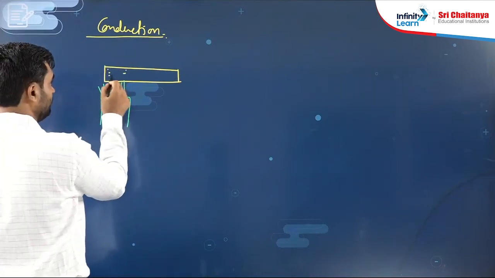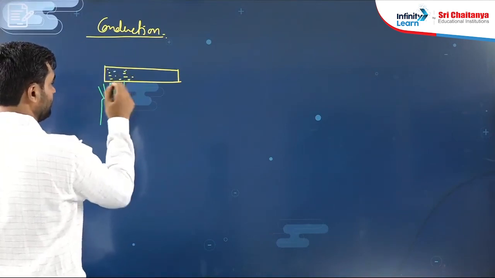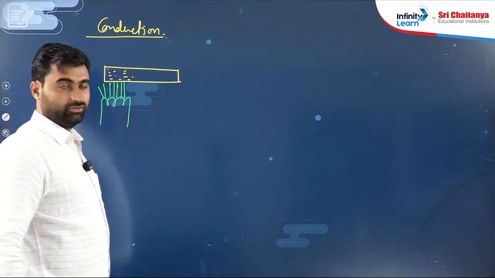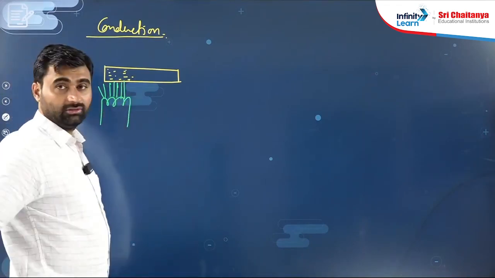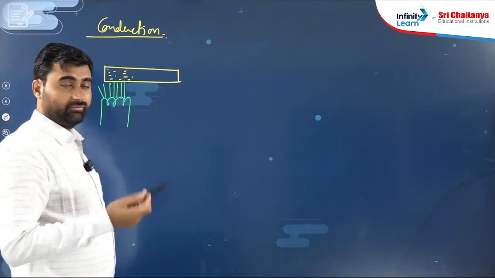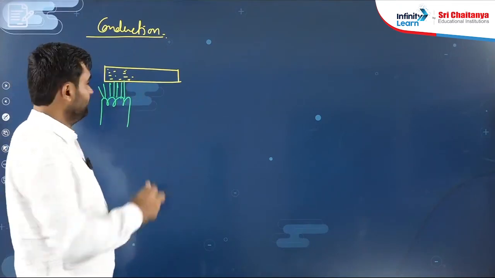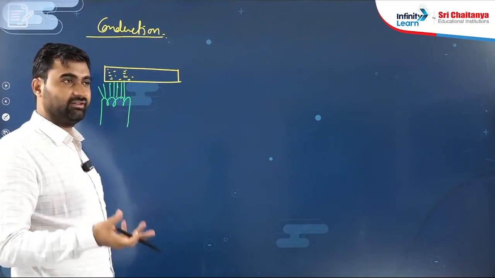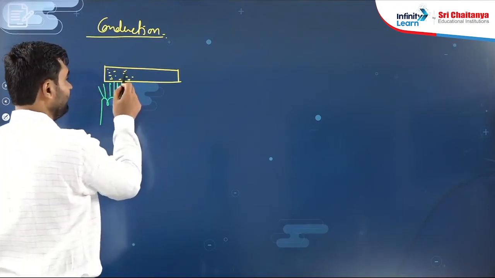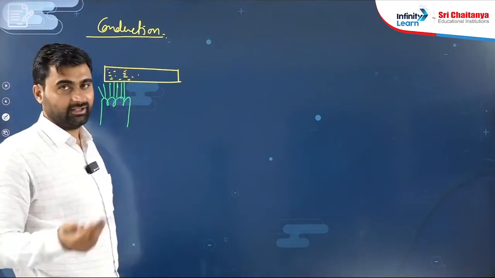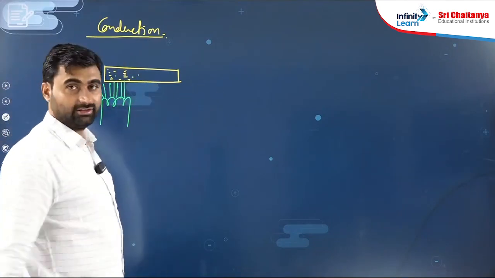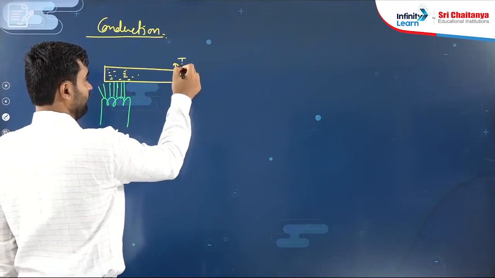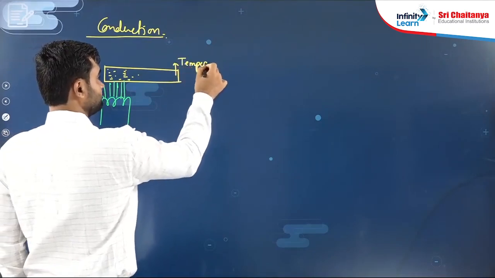These all molecules' temperature will rise. Here molecules are there, their temperature rises, so they will vibrate. So they will collide with the next molecule. If they collide with the next molecule, then the next molecule's temperature increases, so speed also increases, then this molecule will collide with the next, and it happens continuously. Due to that, this end temperature also increases.